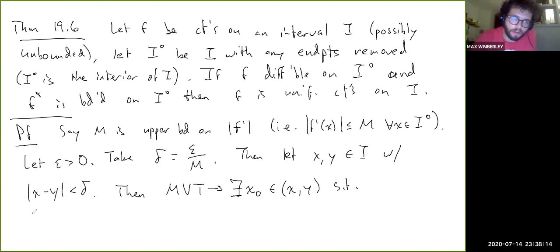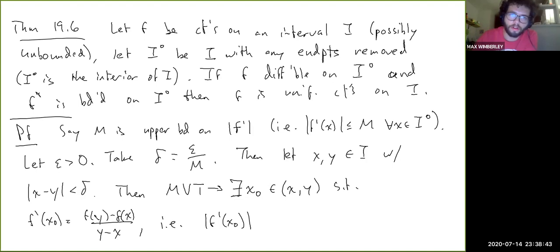such that f prime of x naught equals f of y minus f of x over y minus x. If you take absolute values on both sides and multiply by y minus x, we get the absolute value of f of y minus f of x equals the absolute value of f prime of x naught times the absolute value of y minus x.